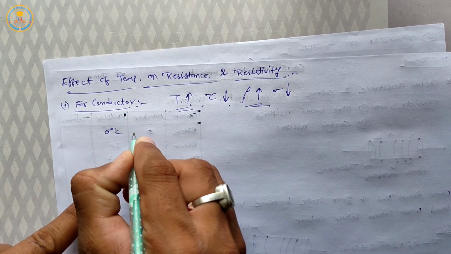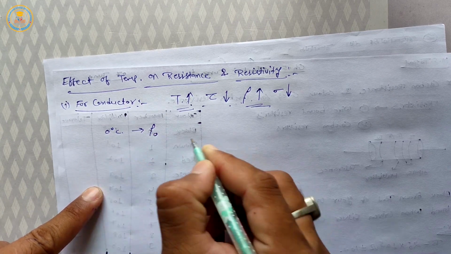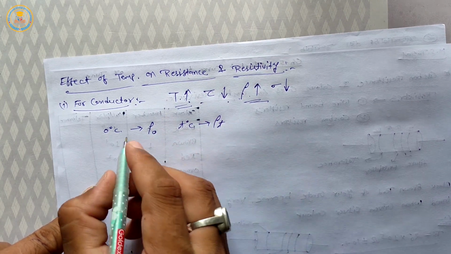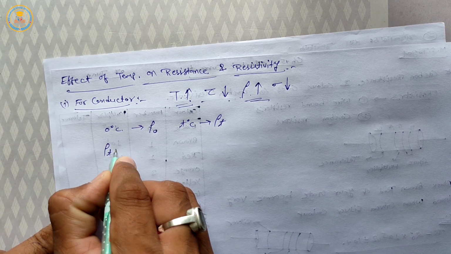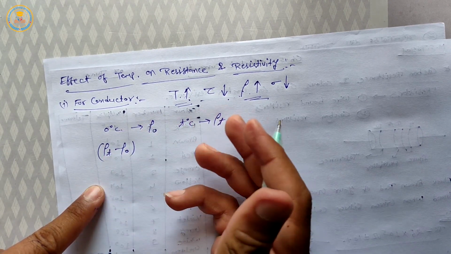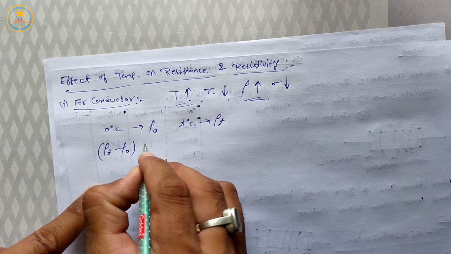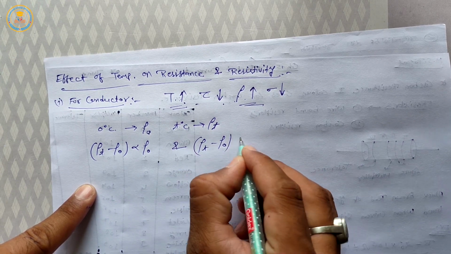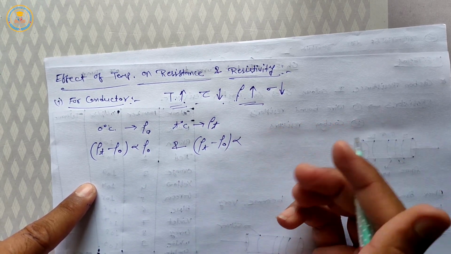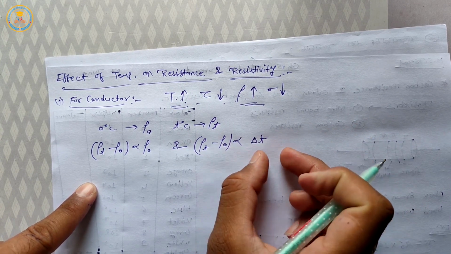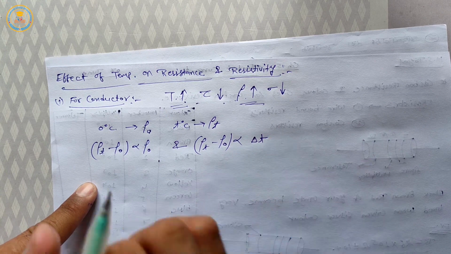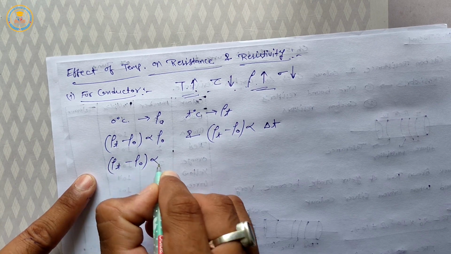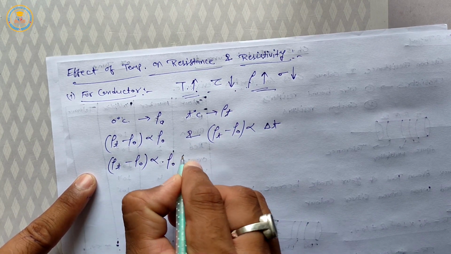At 0 degrees centigrade the resistivity is rho 0, and at T degrees centigrade the resistivity is rho T. Then the change in resistivity, rho T minus rho 0, is directly proportional to the initial resistivity rho 0, and to the change in temperature del T, where del T is equal to T2 minus T1.